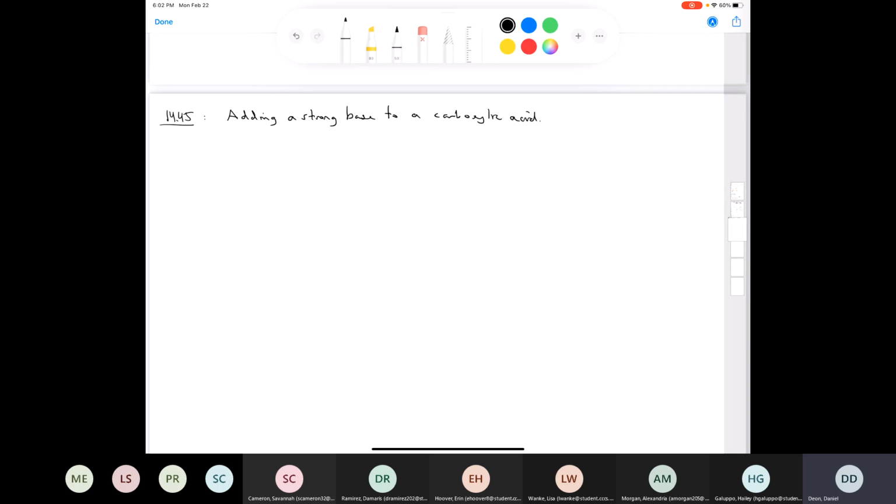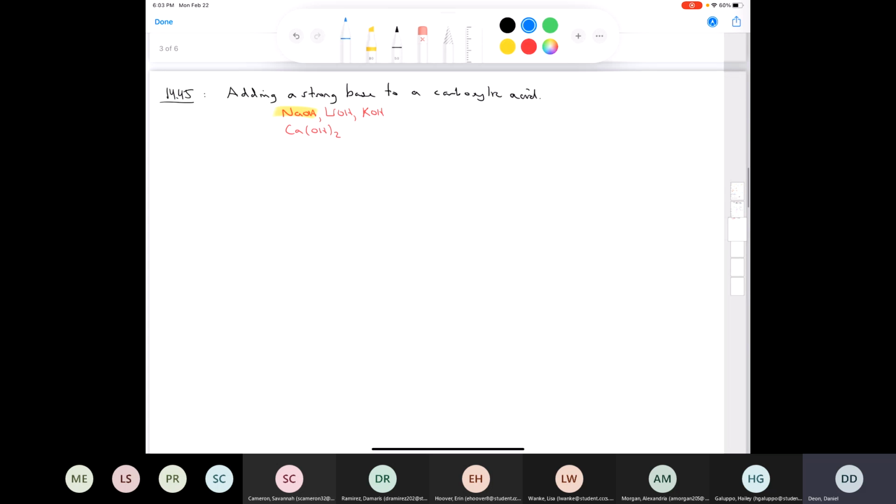I'll write down the most commonly used ones, and that's something you would have learned in Chemistry 101. So since Larissa said sodium hydroxide, let's use that. If we take our carboxylic acid, what would happen if you were to take just any carboxylic acid?